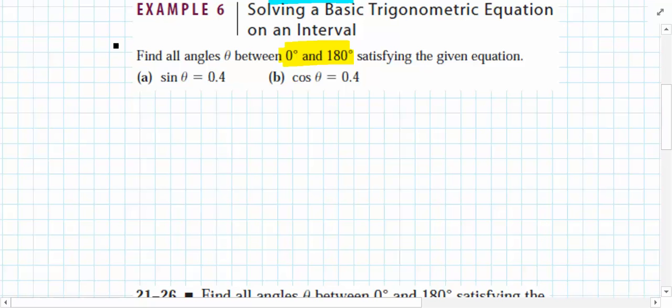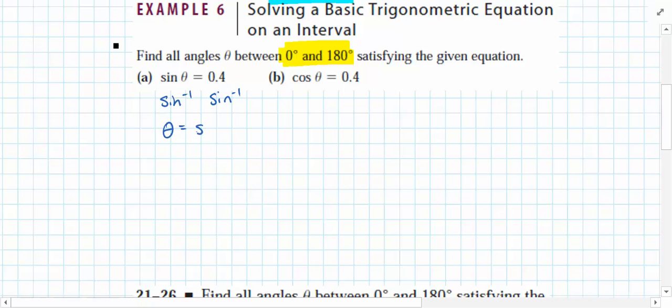Before we go to the calculator, let's think about the math that's necessary to solve this. If my objective here is to solve for theta, or in other words, get theta by itself, then what I'm going to do is apply an inverse operation to eliminate this sine from both sides. And that inverse operation is simply sine inverse applied to both sides of the equation, or arc sine, as the textbook sometimes refers to it.